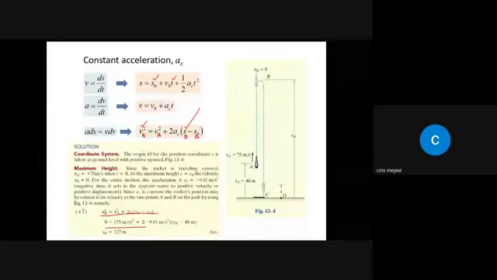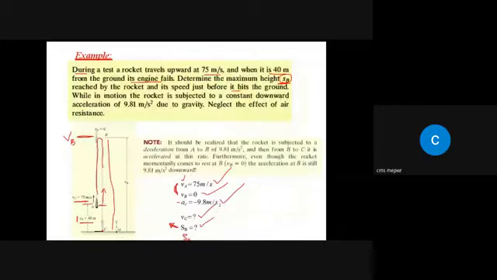Is it clear? Ji sir. Okay, now let's see what else they want. Okay, now they want basically, what else they are asking? Find out VC, right?